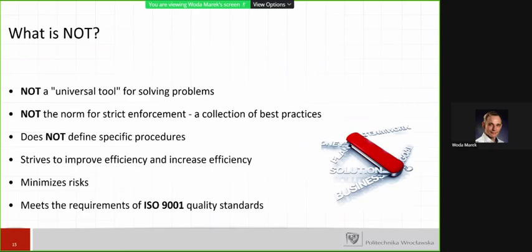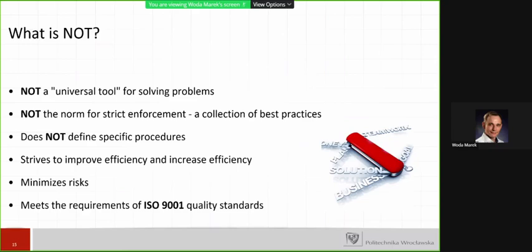If a company has problems with efficiency, money flow, or employees, ITIL will not be a tool that solves all these gripes.